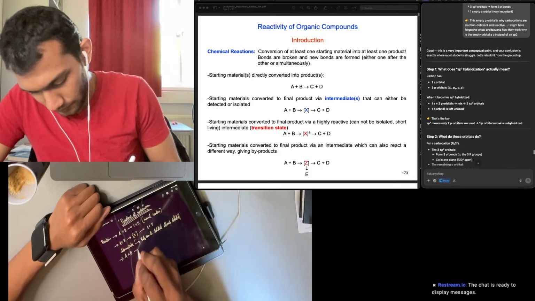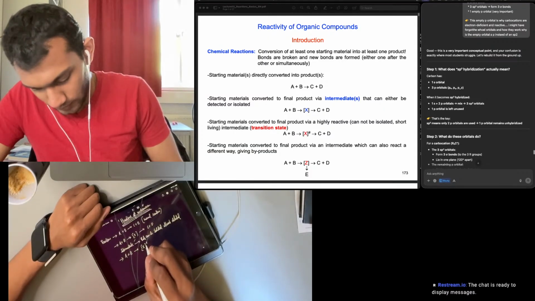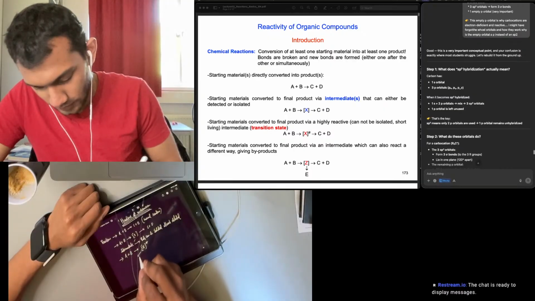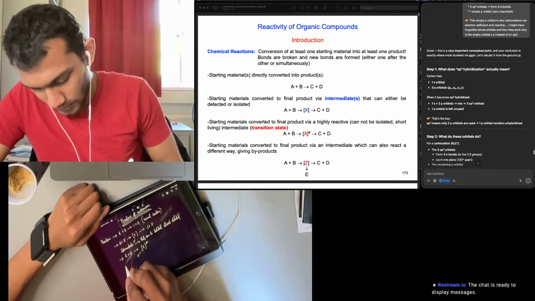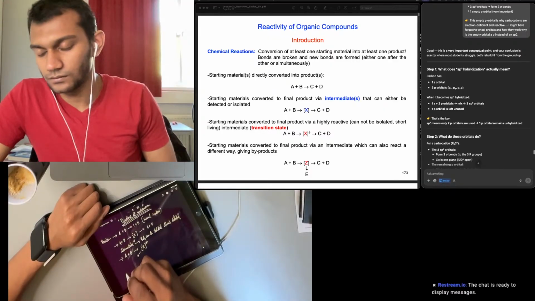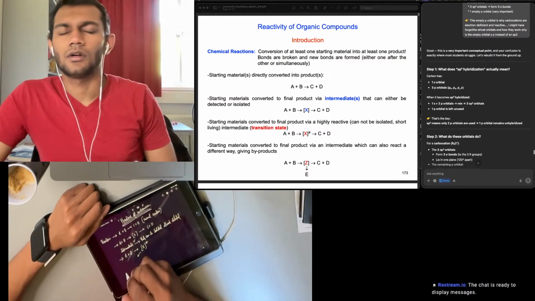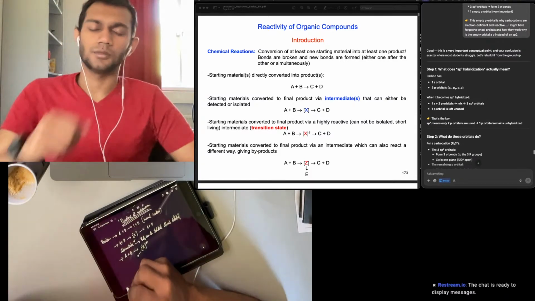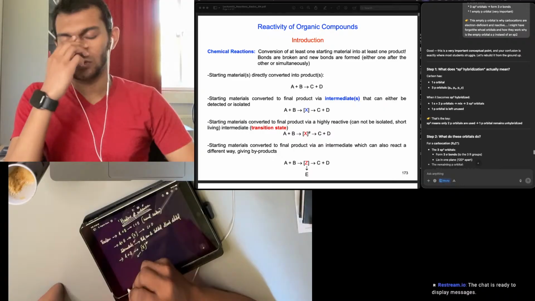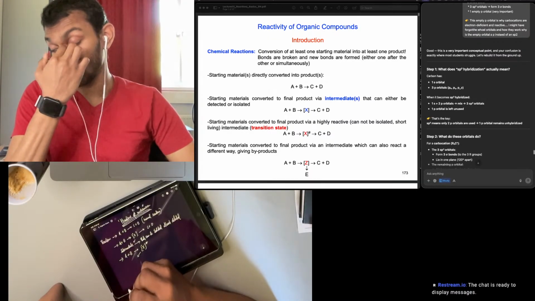A plus B. I don't know, like the notes hashtag. What's the name? It's not intermediate. I just read it. Transition. Okay.